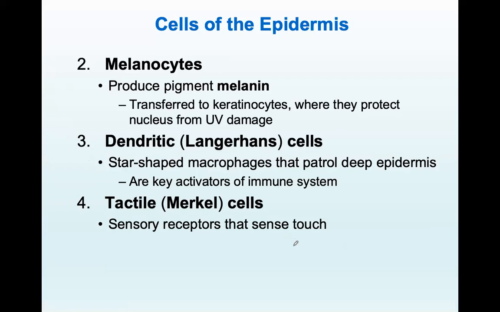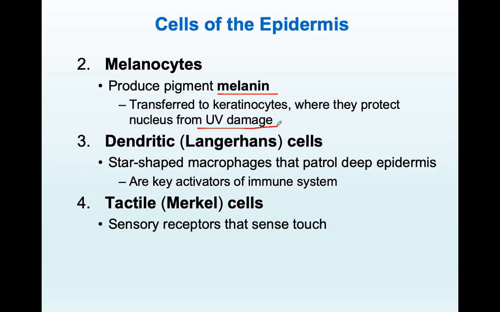The second type of cells you have in the epidermis are called melanocytes. Melanocytes produce the color pigment I just mentioned called melanin. Without me going into details, melanin can go to your keratinocytes and protect them from UV damage. I'm assuming all of you have heard of UV, right?